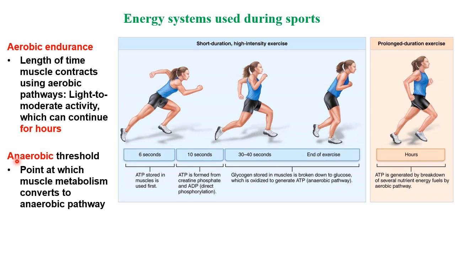Now, when you talk about anaerobic, that means without the use of oxygen. So those muscles are not going to have a lot of proportional blood vessels, right? So they're going to look not as red. They're going to be either pinkish or whitish, right? And the source of energy is going to be ATP that is stored in there, but ATP is used up very quickly. ATP is like 6 seconds of energy.